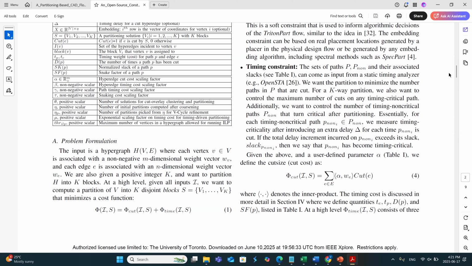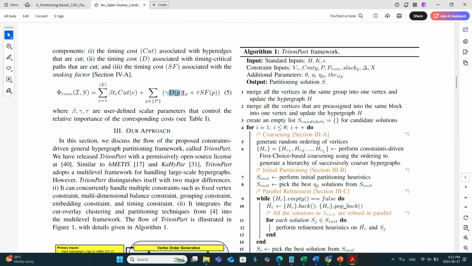The other part of the timing formulation is they also extract some critical paths. So that's what this set P is. They've extracted some, I don't know, maybe 1,000, maybe 10,000 paths from the timing analyzer. And they will basically add a cost whenever one of those paths is cut. And I remember talking about this last week.